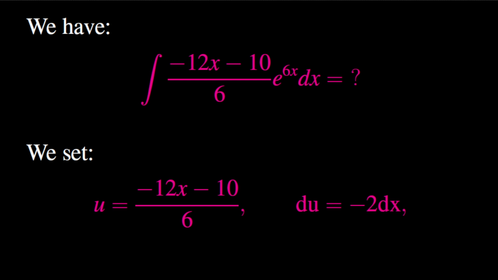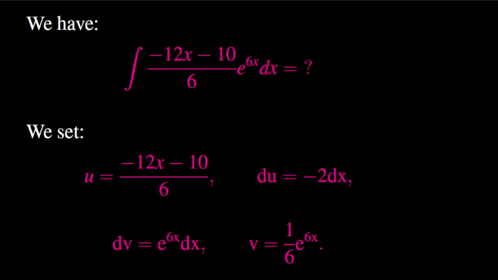In sum, we set u equal to minus 12x minus 10 over 6, so du equals minus 2 dx. And dv equals exponential of 6x dx, and v equals 1 over 6 times exponential of 6x.